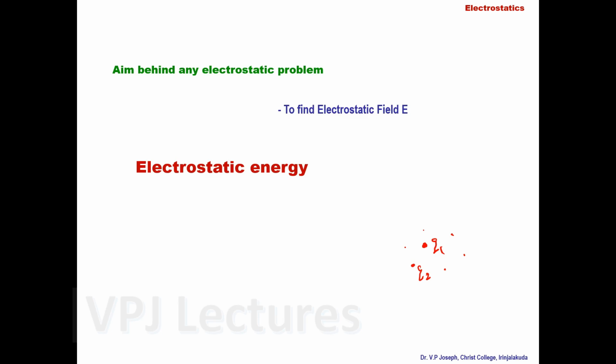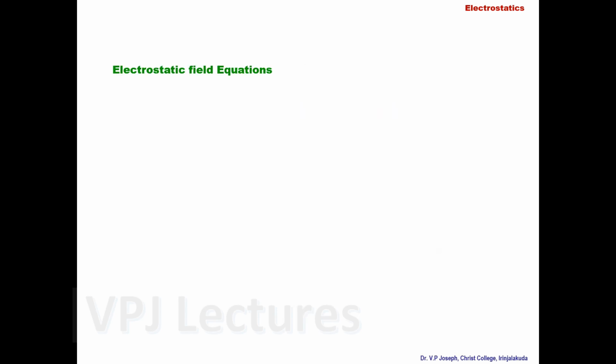In electrostatics, the energy density can be represented by half epsilon 0 E square in the case of free space. In the case of a medium, this changes to half epsilon E square. So this is the energy density, the energy stored per unit volume. So this point is to be considered.